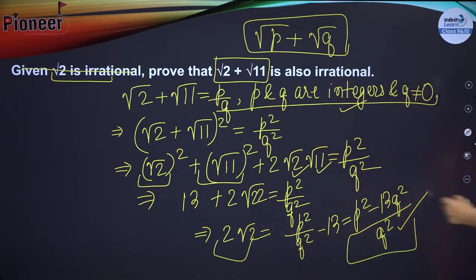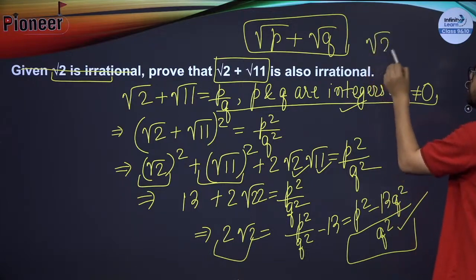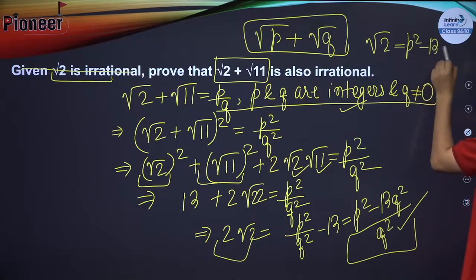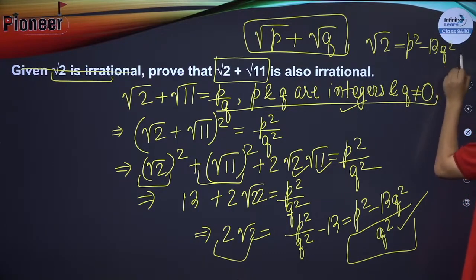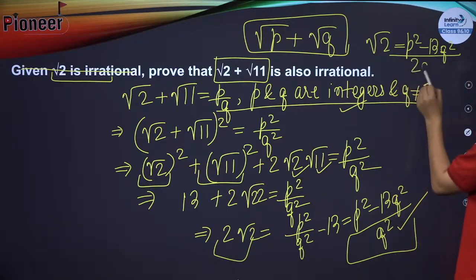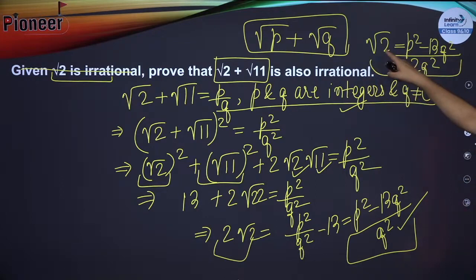So what will I get? I'll get root 2 over here to be equal to p square minus 13q square upon 2q square. Have you got this thing? So we have got something like this. Root 2 is equal to p square minus 13q square upon 2q square.